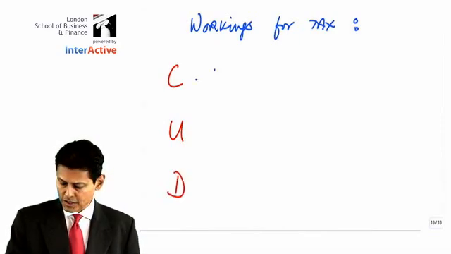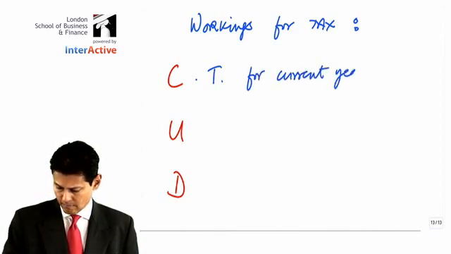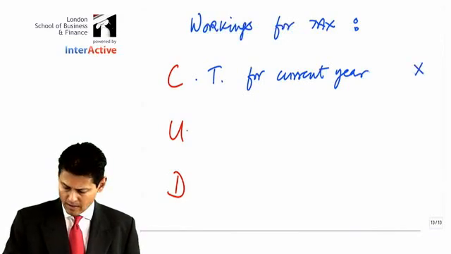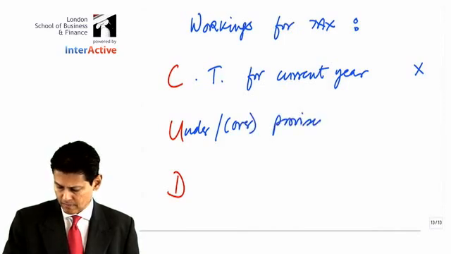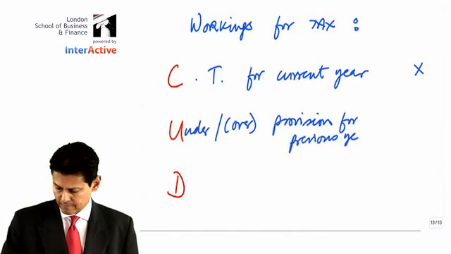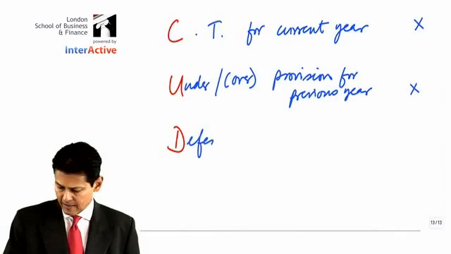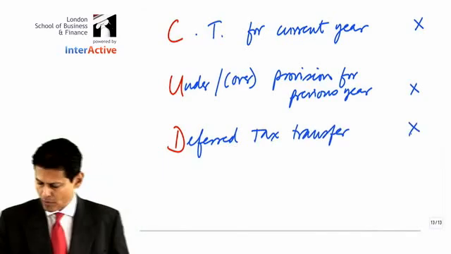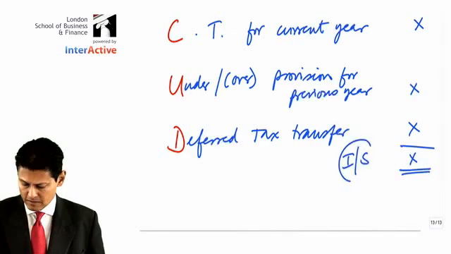CUD: corporation tax or income tax for the current year, under stroke brackets over provision for the previous year, and then you have your deferred tax transfer. If you add that up, you have the income statement tax charge.